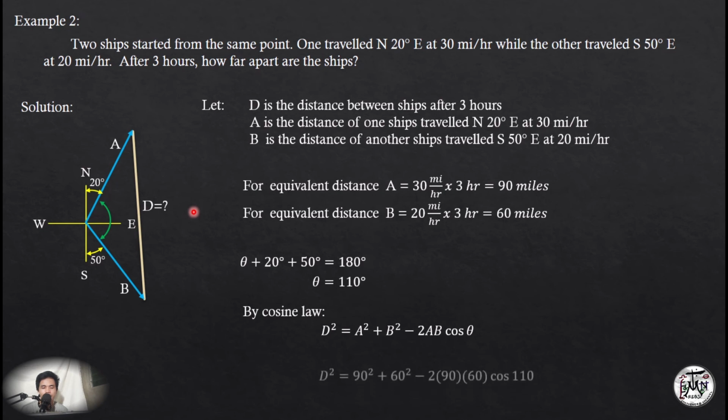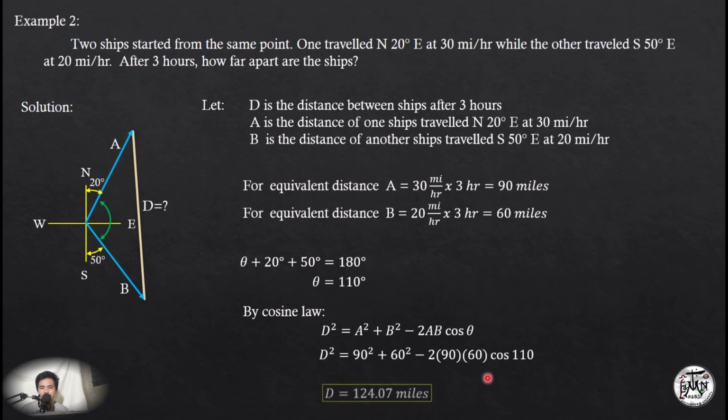So d squared is equal to 90 squared plus 60 squared minus 2 times 90 times 60 cosine 110. So the final answer calculated is 124.07 miles. So that is the final answer of this problem.